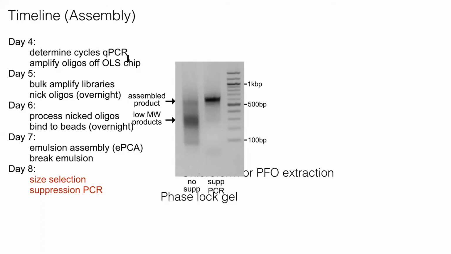But we've integrated into the latest version of the protocol a suppression PCR step. The suppression PCR step essentially involves adding inverted terminal repeats to the ends of your product and suppresses the formation of low molecular weight products, essentially driving the reaction towards the higher molecular weight assembled products that you're actually interested in using.